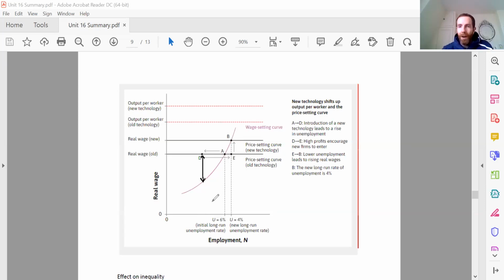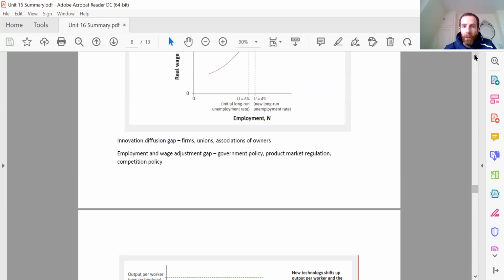So what actually happens in the long run will depend quite a lot on how easy it is for firms to enter the market. And that's how we come back to some very important points here.